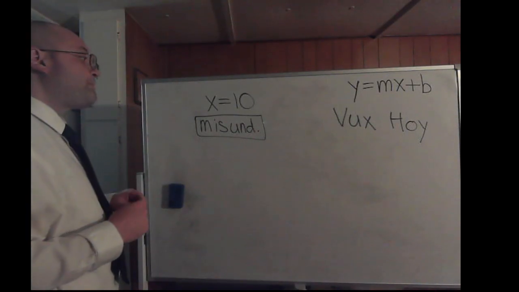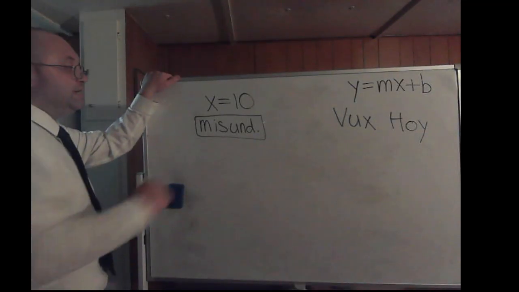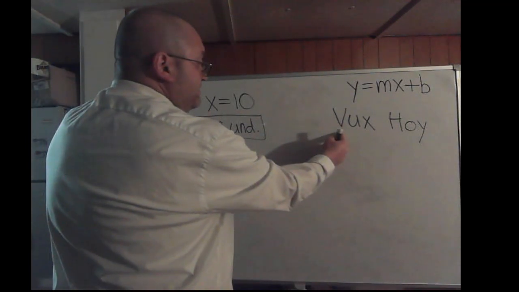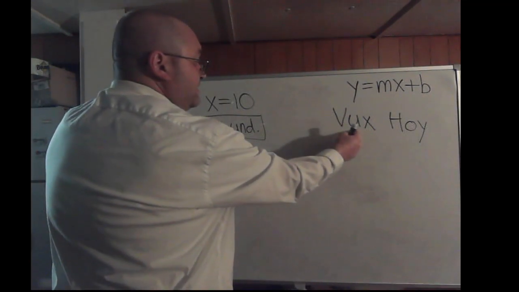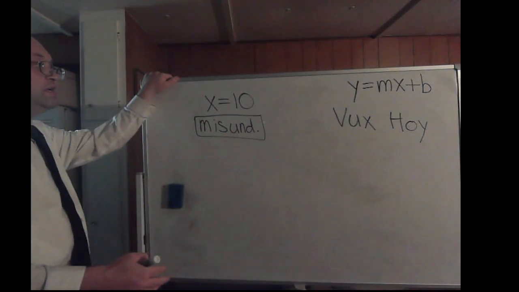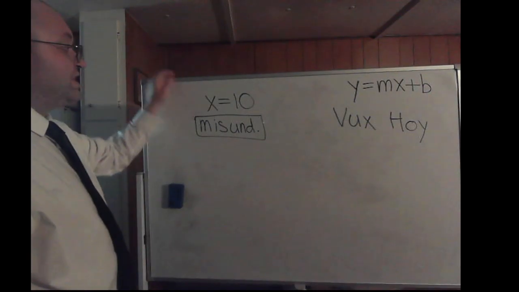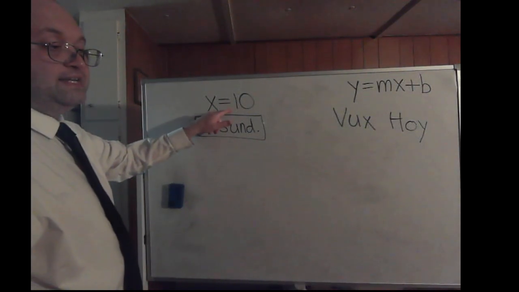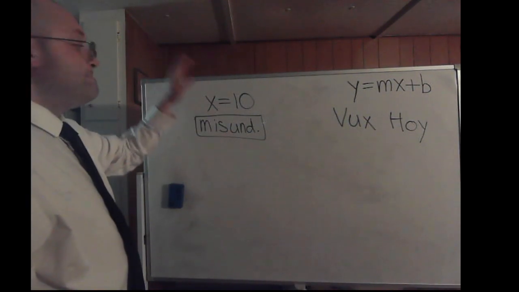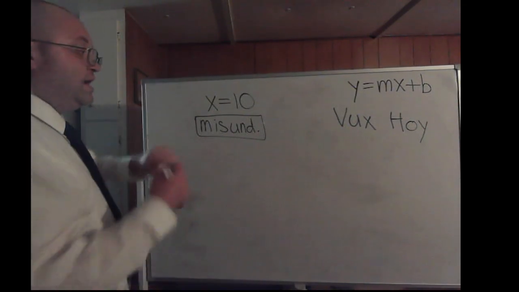Well, x equals means it's a vertical line. x equals, undefined slope, vertical line, so it's standing straight up. So x equals 10, that would have to mean this occurs at the coordinate (10, 0). Meaning that it never actually crosses the y-axis.